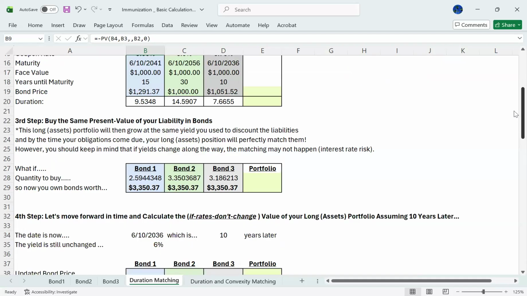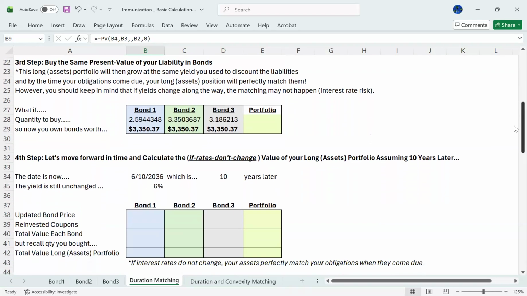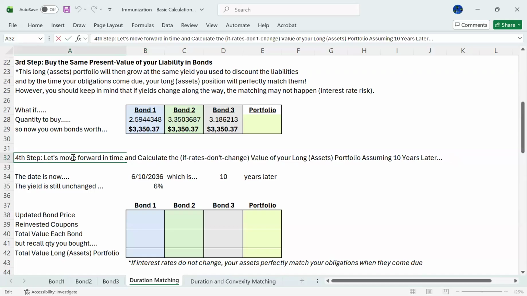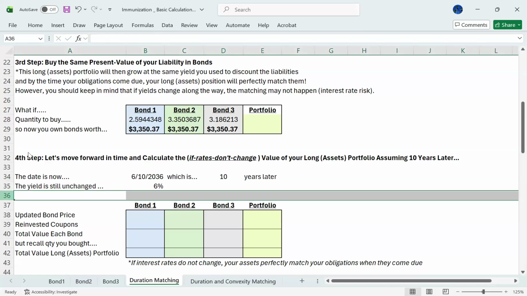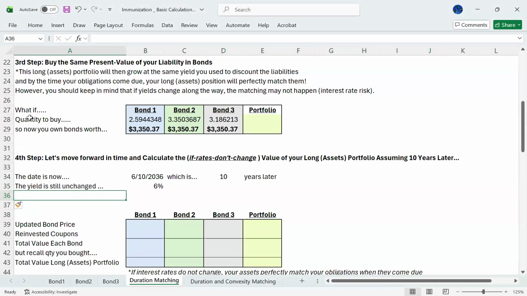So let's move forward to the next step, which is let's assume that we move forward in time. Now it's 10 years later. So the maturity of each one of these bonds is going to be 10 years less than the maturity that we had before. I can even add a row here saying updated maturity.